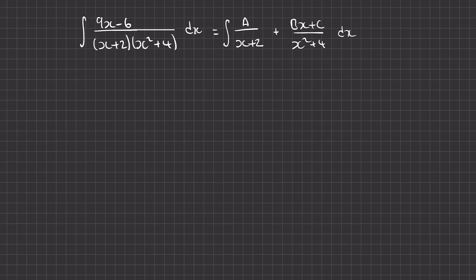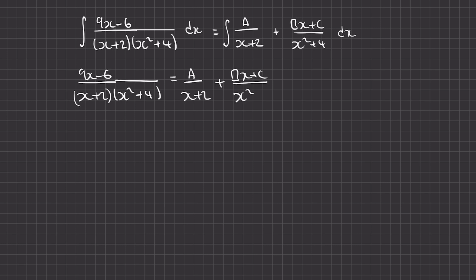Okay, so the next thing I'm going to do is forget about the integral and focus on working out a, b, and c. So we'll say 9x minus 6 over x plus 2 multiplied by x squared plus 4 can be written as a over x plus 2 plus bx plus c over x squared plus 4.